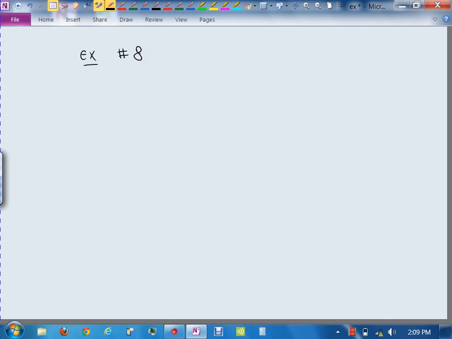So let's say we have... Oh, wait a minute. Hold on. Yeah, we can do it. We can try this: y equals 1/4 x squared, x equals 2, y equals 0, about the y-axis.